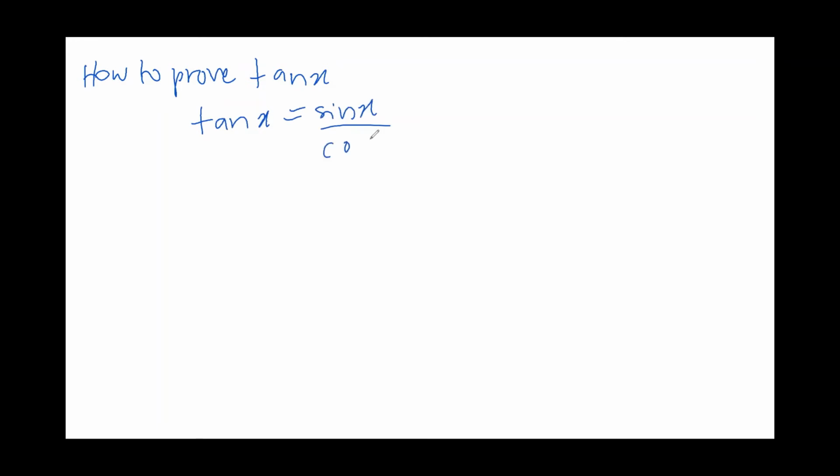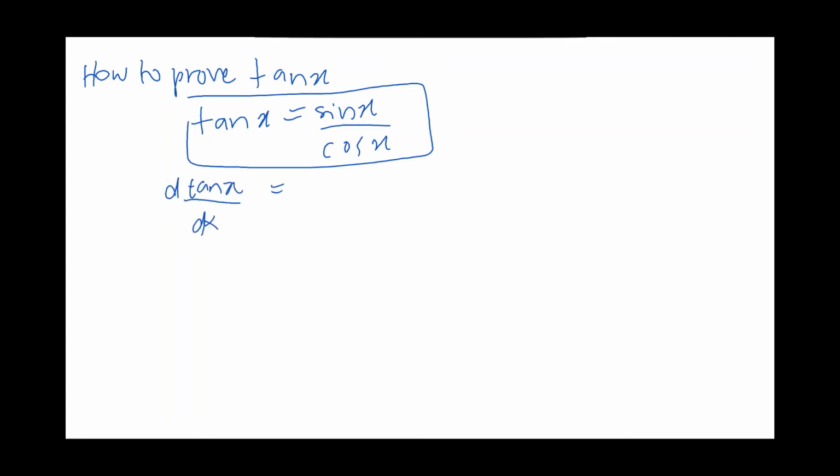Okay, do you still remember this? Student ingat tak benda ni? Ni very basic lah for the trigonometric functions or trigonometric formula. Okay, now d tangent x over dx is equals to d sin x over dx.